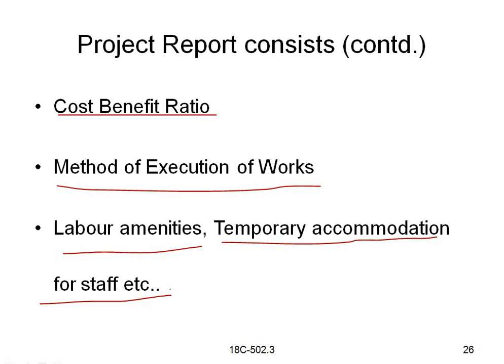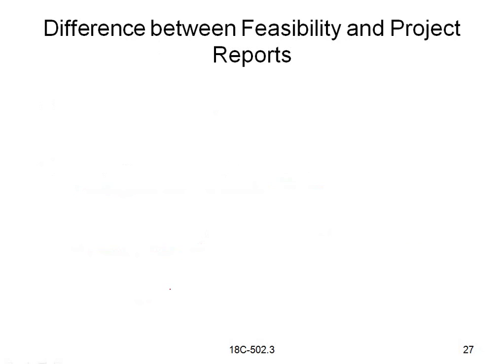On site the staff will be there, engineers, supervisors. So for them to stay, we have to construct a temporary shed or a temporary platform for their availability in the construction. Okay, so here are some differences between feasibility report and project report.